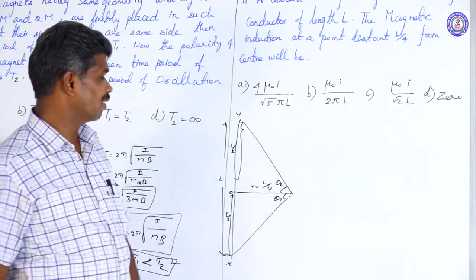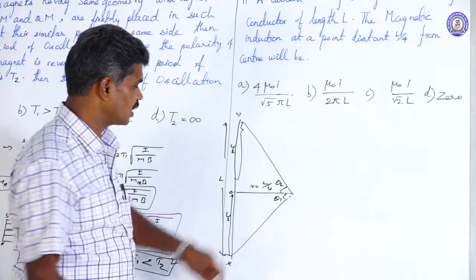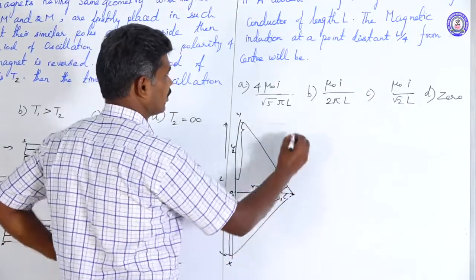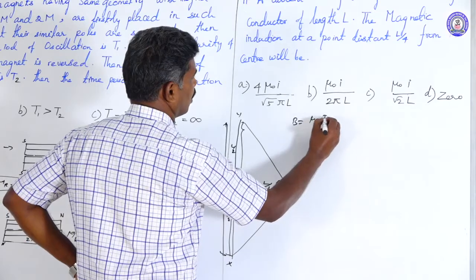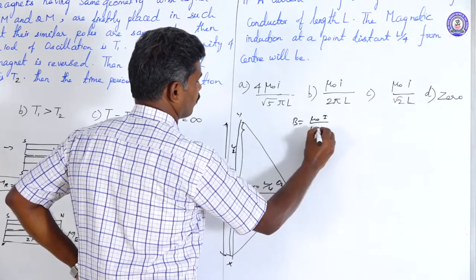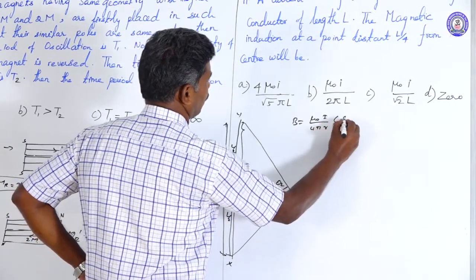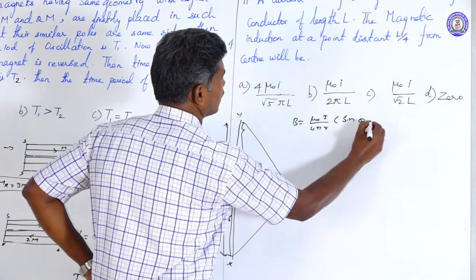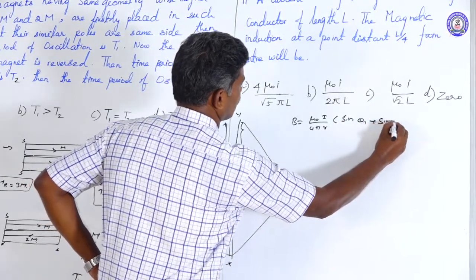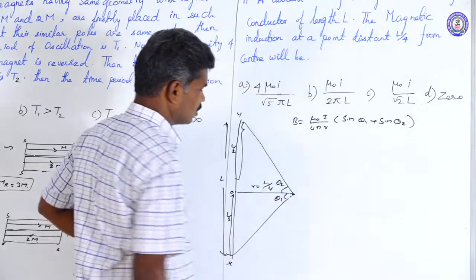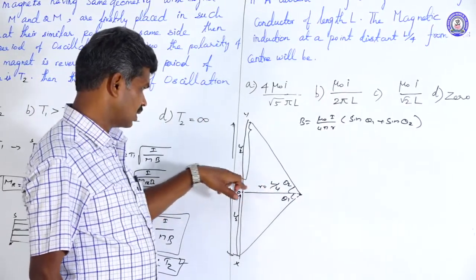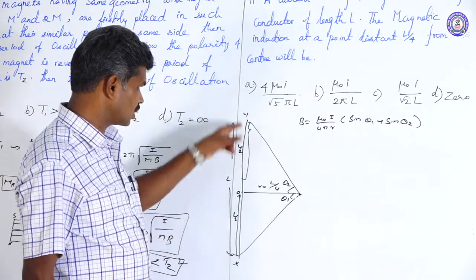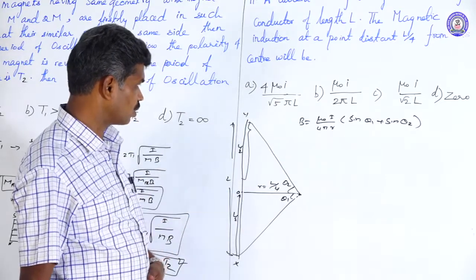According to the Biot-Savart law, we can find the magnetic induction at this point. We have the formula B is equal to mu naught I by 4 pi r of sin theta 1 plus sin theta 2. At the middle, the adjacent side and opposite side are both equal, so the hypotenuse sides are also equal.